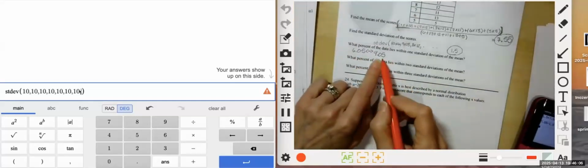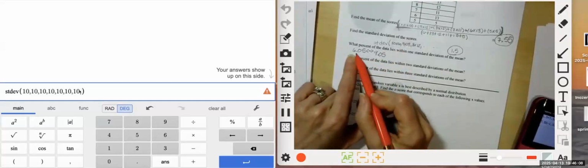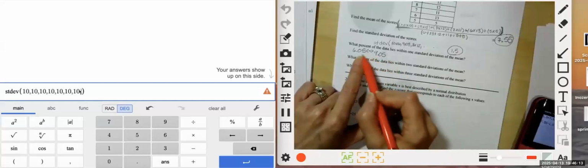Okay, so we are looking at the numbers between 6.05 and 9.05. We're not including the 6 because it's above the 6. It's not exactly 6. So we're going to include 6 plus 13 plus 12 plus 11.